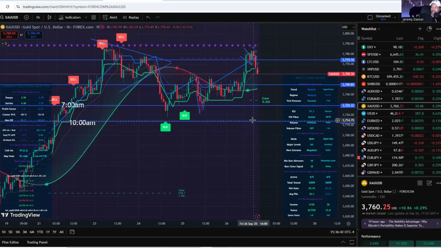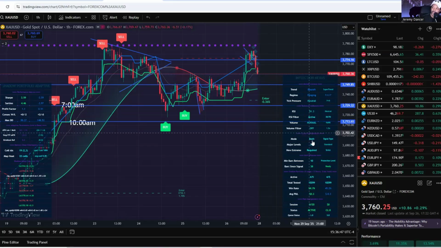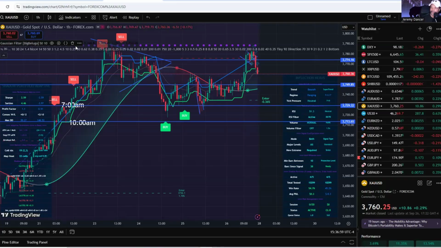All right. So another setting that I really like here is the signal configuration. So under mode, I have it set to look for both breakouts and reversals. All right, so I'm going to show you guys real quick where that setting is. And right here.